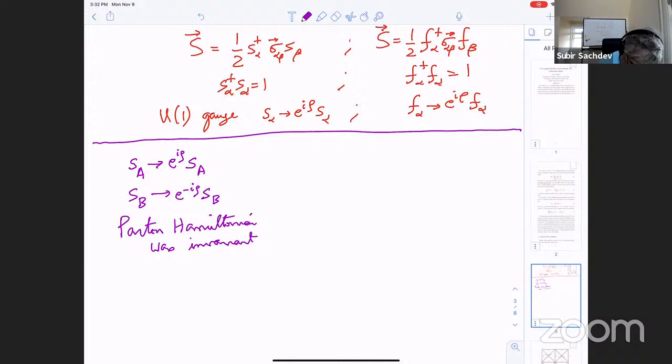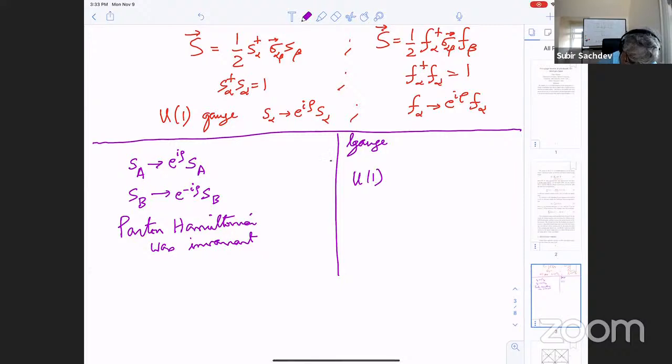So here I'll make a column for the gauge group. The gauge group here that was left unbroken because of this gauge symmetry in the parton Hamiltonian is still U1.